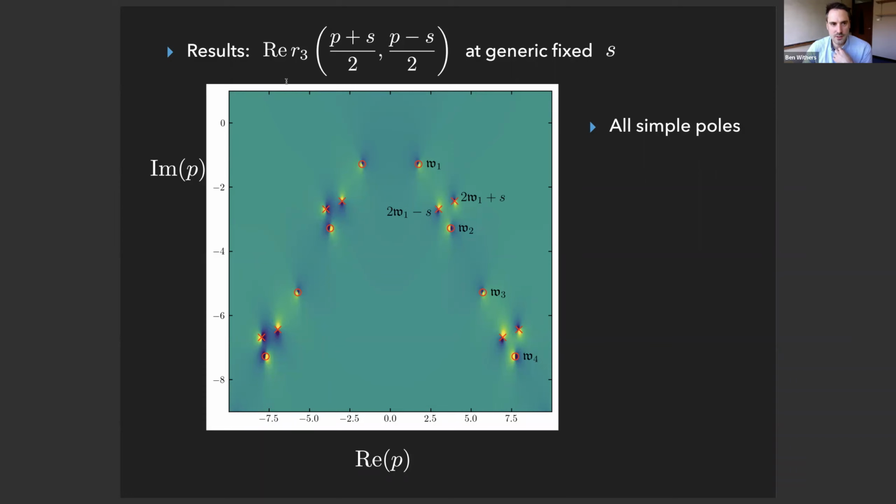Here I'm plotting this function in the complex P plane, real part of P and imaginary part of P, the total momentum through the diagram, at some generic value of S, which I picked to be something like 1 plus i. And this is what you find. You find a bunch of singularities. These are all single poles. You can verify the single poles numerically by looking at how they approach infinity near these points.